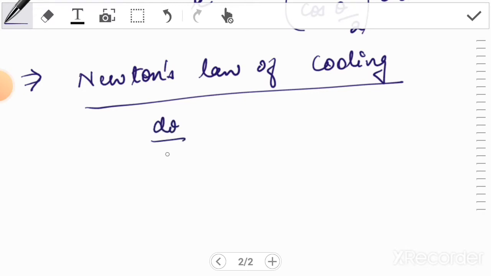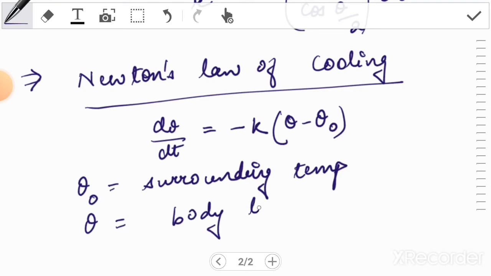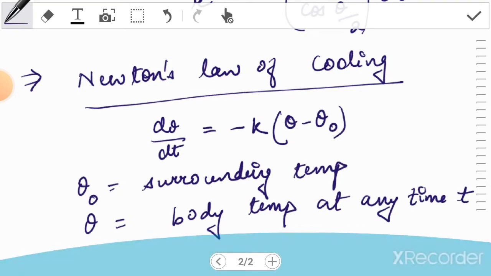That is d theta by dt is equal to minus k times theta minus theta naught, where k is a constant and theta naught is the temperature of the surrounding, and theta is the body temperature at any time t.